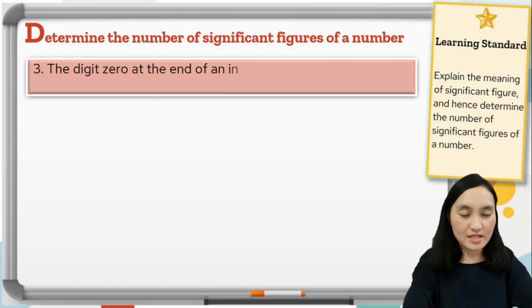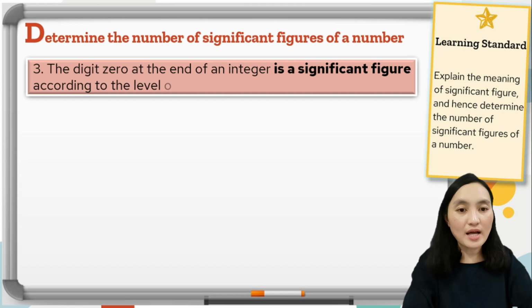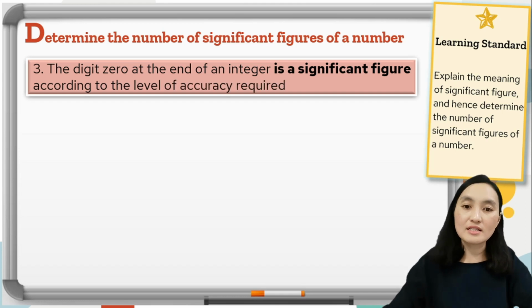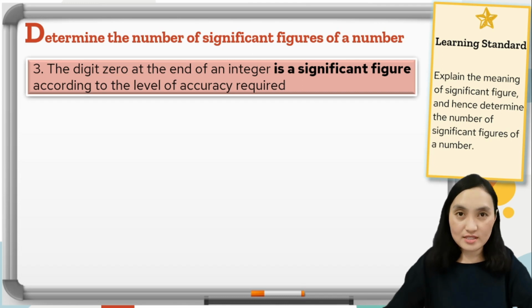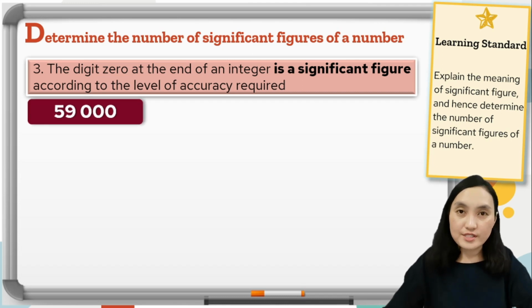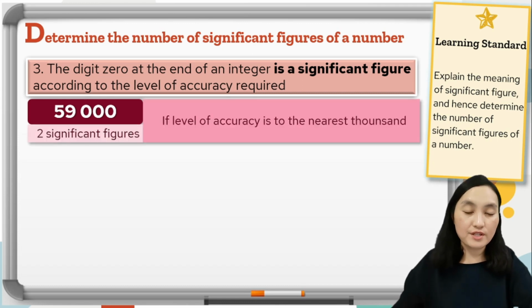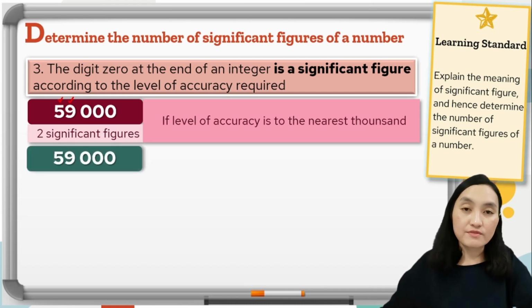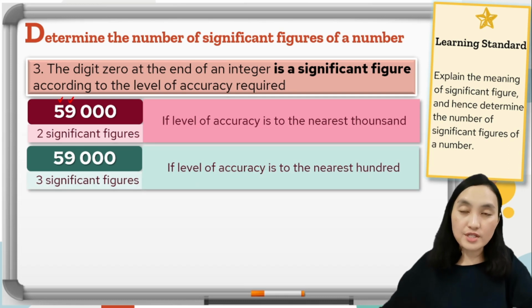Rule number 3. The digit 0 at the end of an integer is a significant figure according to the level of accuracy required. For example, 59,000 can be 2 significant figures if the level of accuracy is to the nearest 1,000. 59,000 can be 3 significant figures if the accuracy is to the nearest 100.